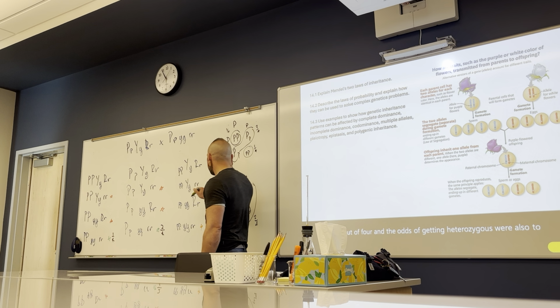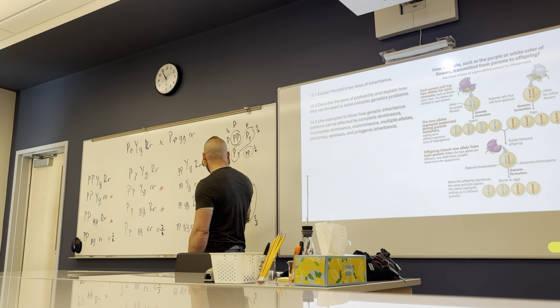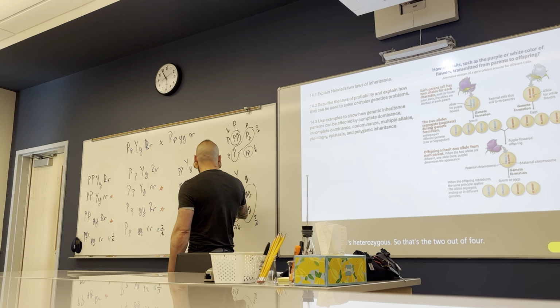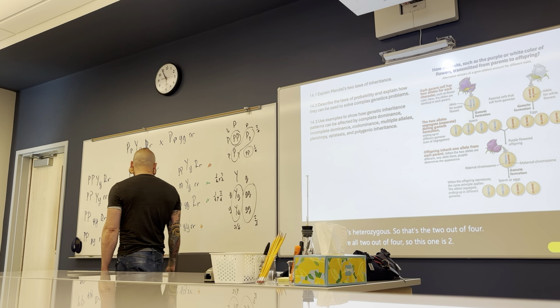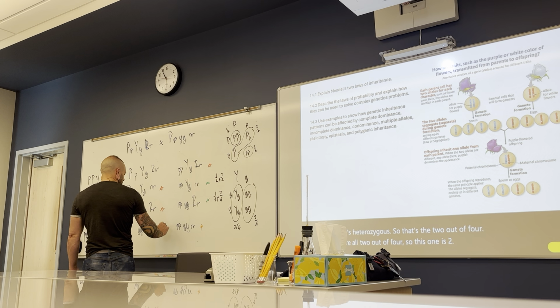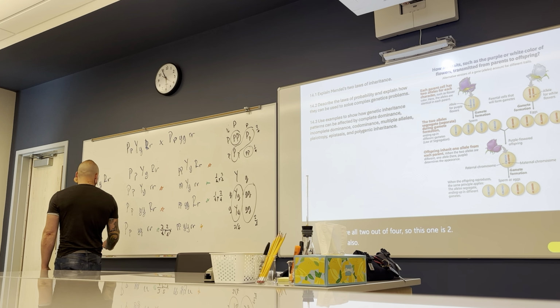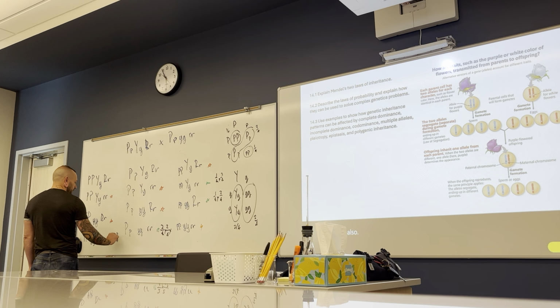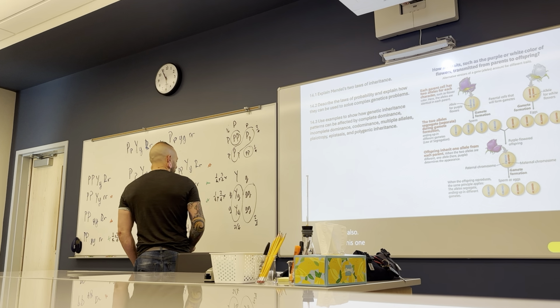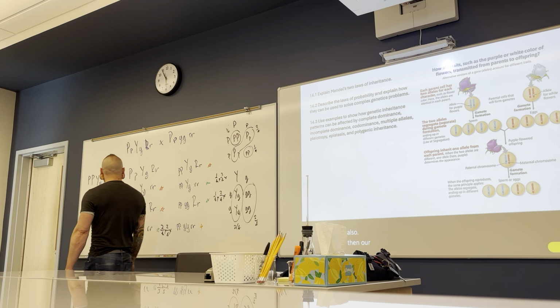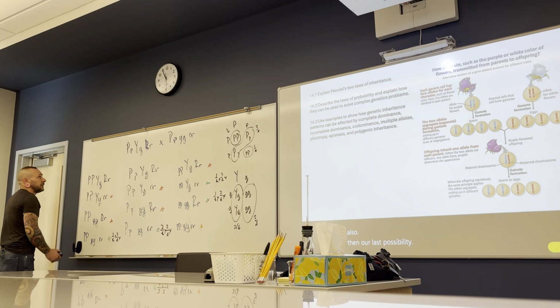So this one's heterozygous, so that's the 2/4. Well, they're all 2/4, so this one is 2/4, this one is also, and so is this one. And then our last possibility would be the R's.